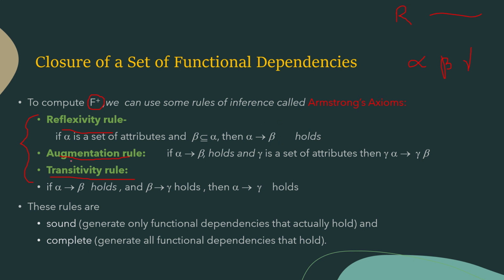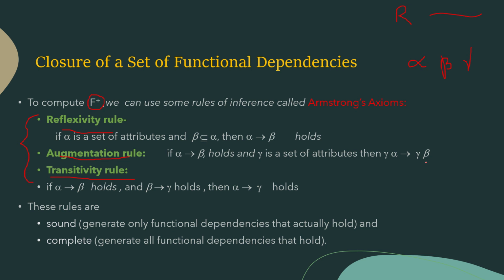The second rule is called the augmentation rule. That is, if alpha implies beta holds, that is, if there exists a functional dependency alpha implies beta, and gamma is another set of attributes inside that relation, then gamma alpha implies gamma beta.